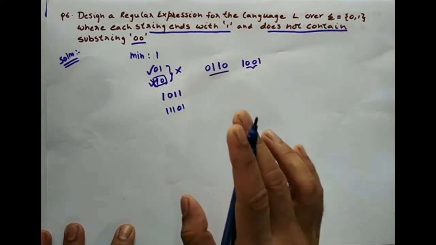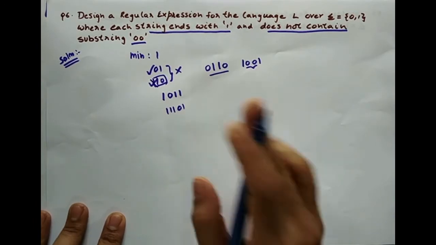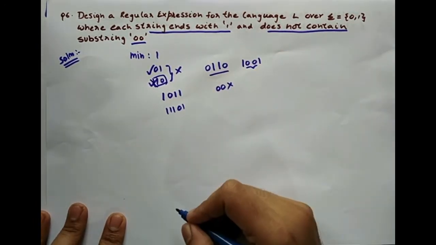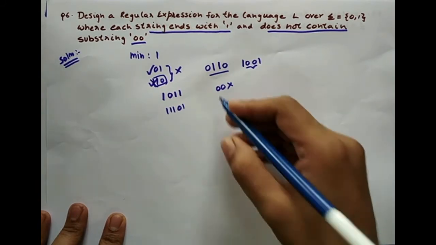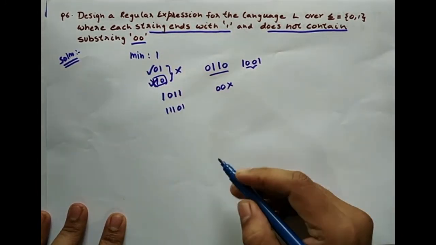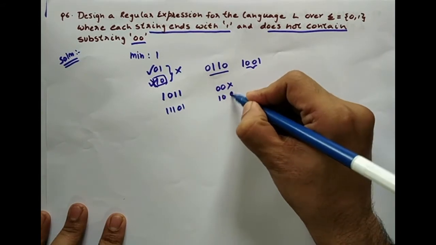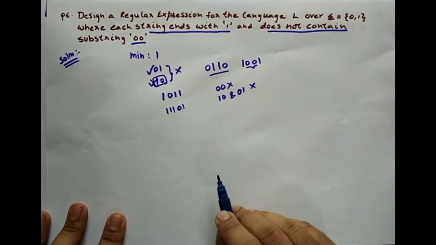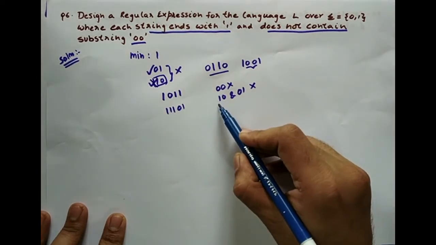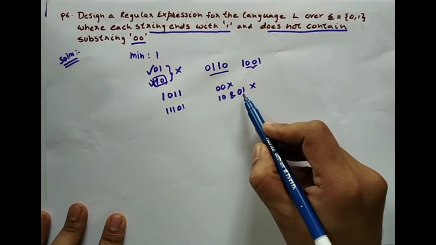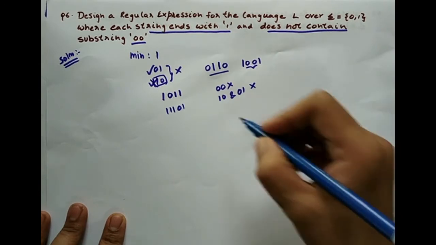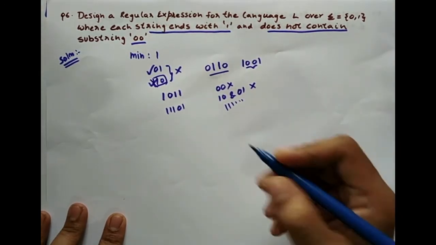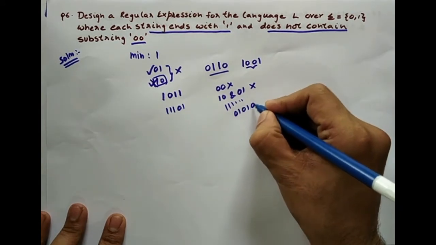So looking at this, one thing is very clear, okay, strings like 0, 0 won't be considered because it is having substring 0, 0. 1, 0 and 0, 1 together also won't be considered because they can conflict. If the first string is 1, 0 and the second string is 0, 1, then it becomes 0, 0. So 1, 1, yes, n number of ones can be considered, and also 0, 1, 0, 1, 0, 1 can be considered.